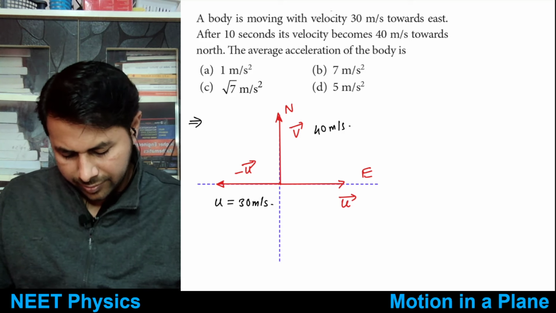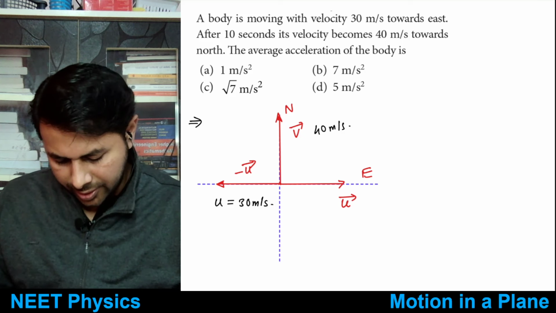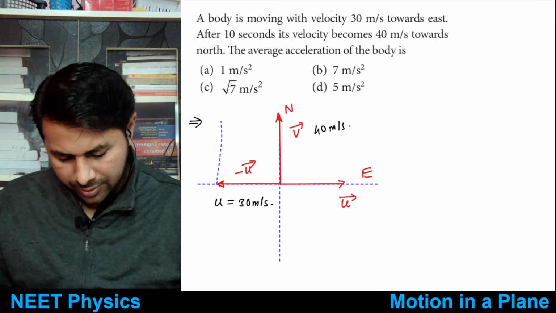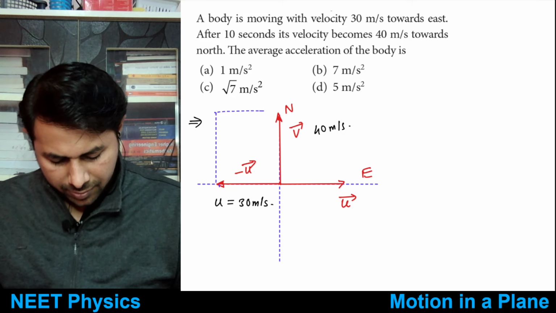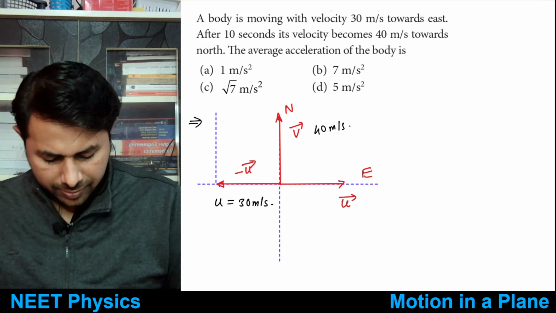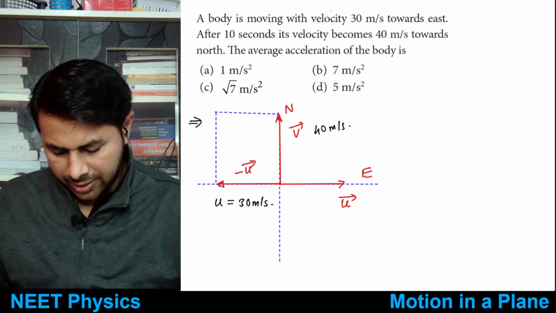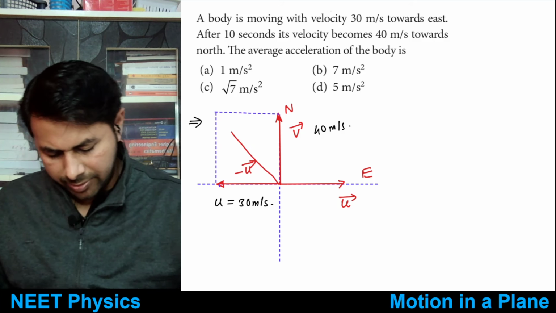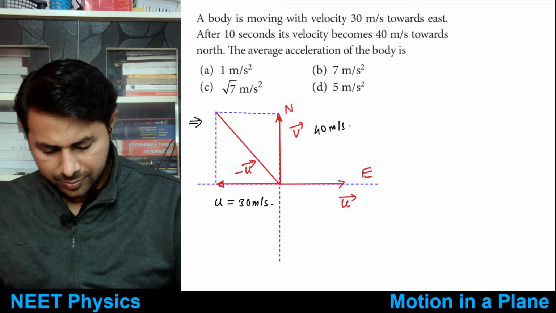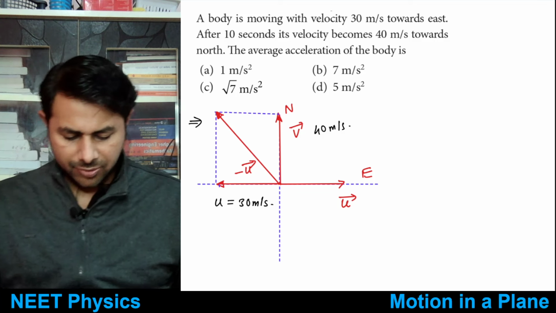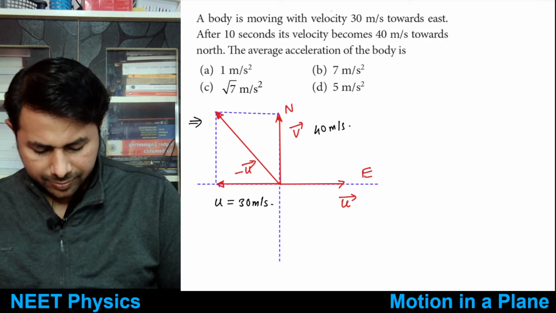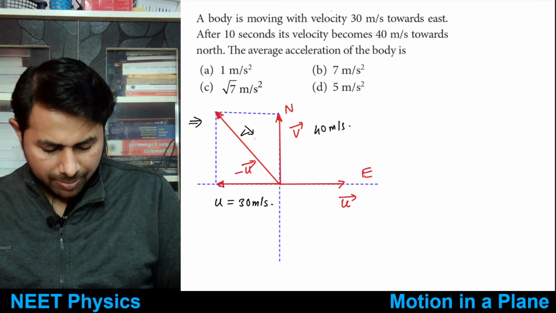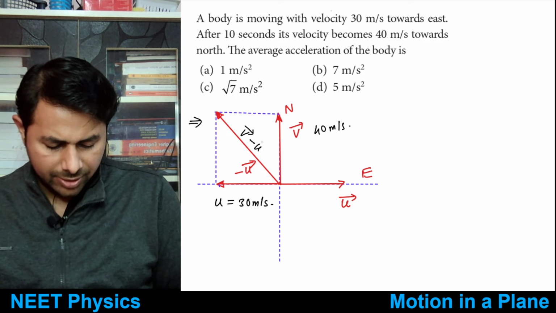Okay, or you can complete the parallelogram like this, and then this will be your resultant, right? So what is this thing? This is my v bar minus u bar.